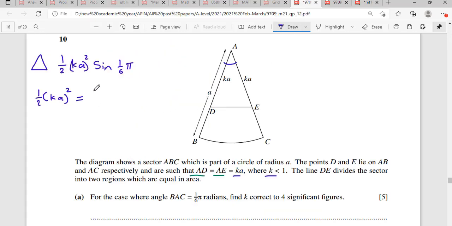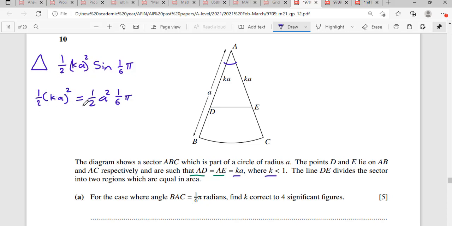So it's going to be 1 over 2 a squared, and theta is 1 over 6 pi. 1 over 2 r squared theta is the area of this sector. Now if we look at this, we can solve it. It's the area of the triangle.